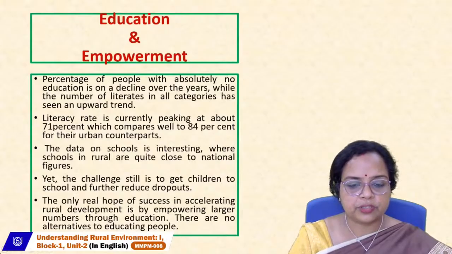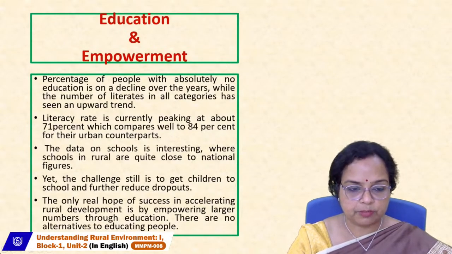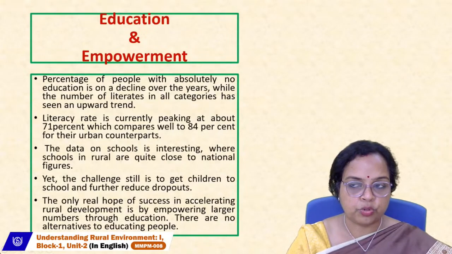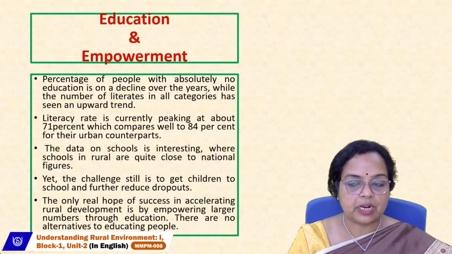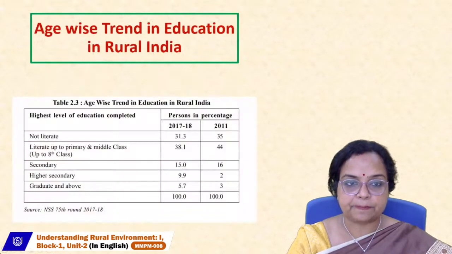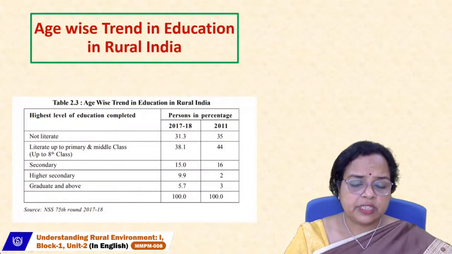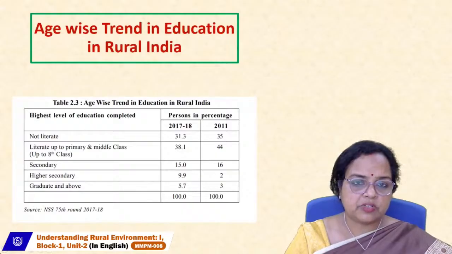The only real hope for success in accelerating rural development is by empowering larger numbers through education. The more they are educated, the more they can understand business processes and contribute to economic activity. If you see this table, it is showing the age-wise trend in education in rural India.